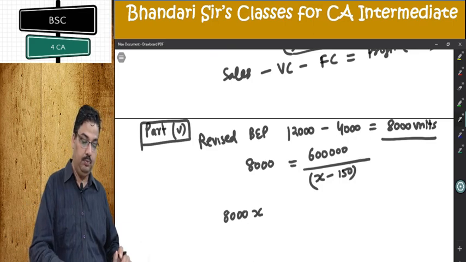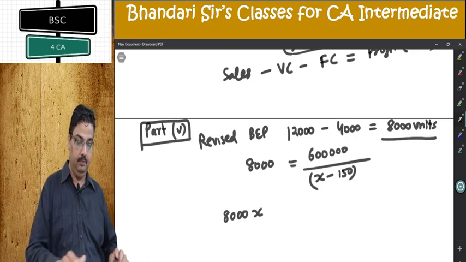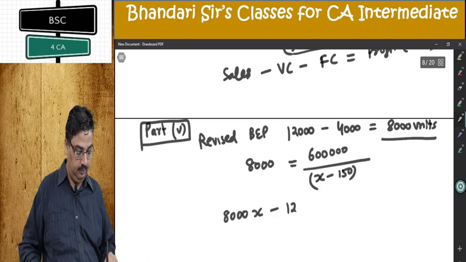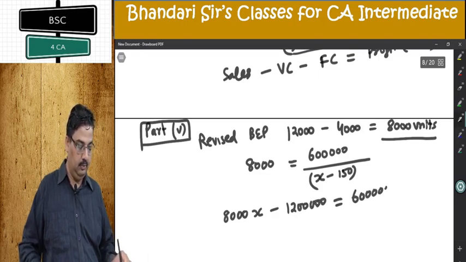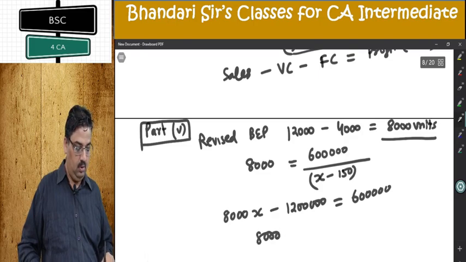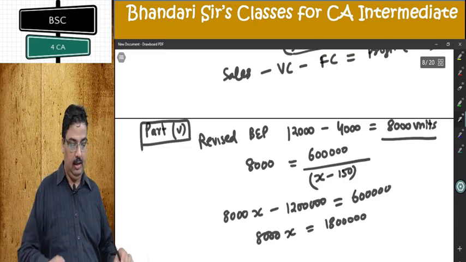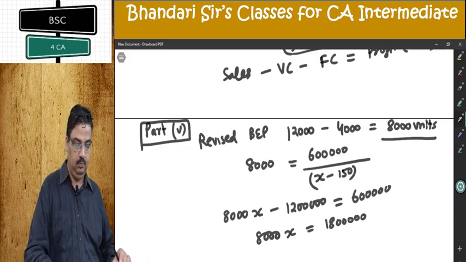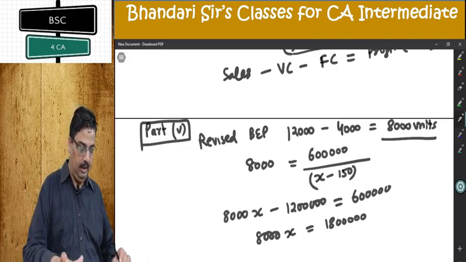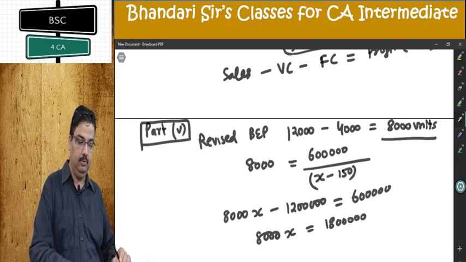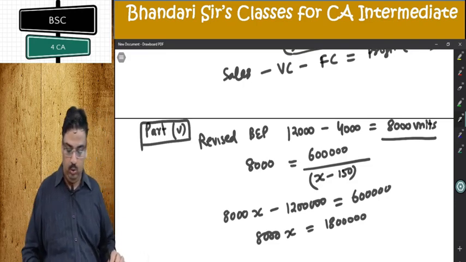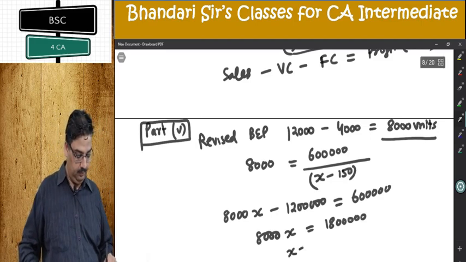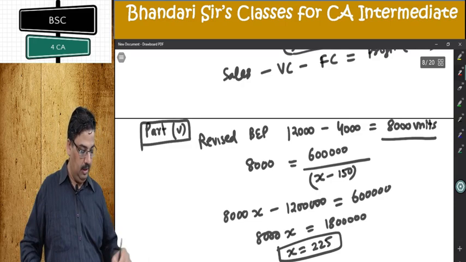8,000 into 150, 12 lakh. Equal to 6 lakh. 8,000 X equals 18 lakh. 18 lakh divided by 8,000. I am getting 225. So 225 per unit is the ultimate answer.